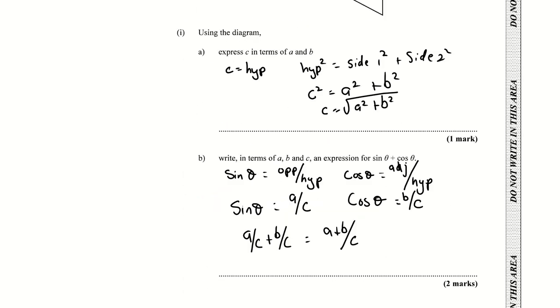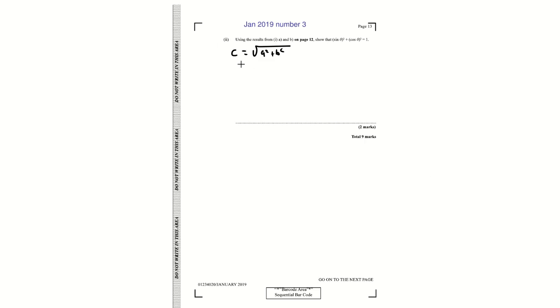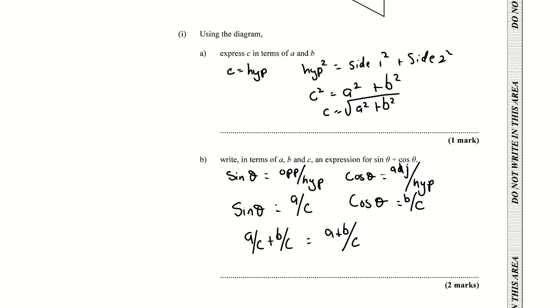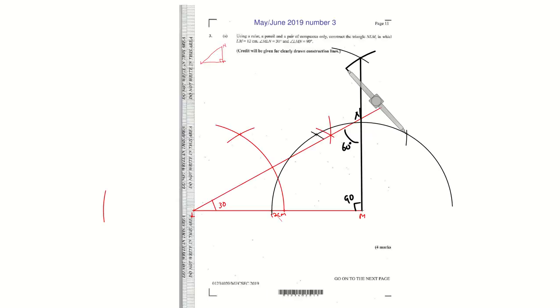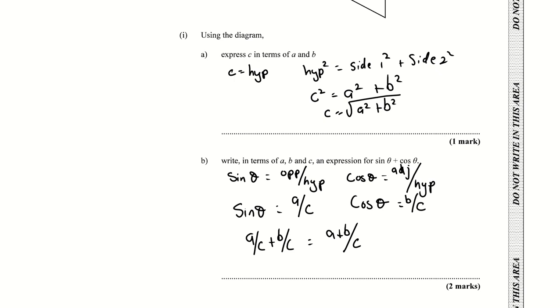We also know that sine theta is A over C, right? And cos theta is B over C. So if I'm squaring this, and then I also square this, it's going to be A squared over C squared and B squared over C squared.